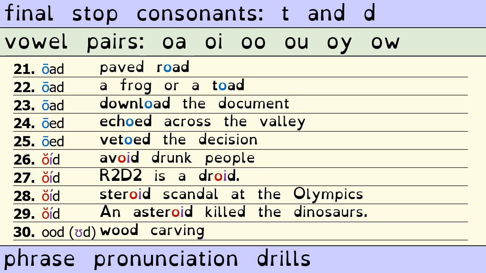Oid, steroid scandal at the Olympics. 29. Oid, an asteroid killed the dinosaurs. 30. Ud, wood carving.